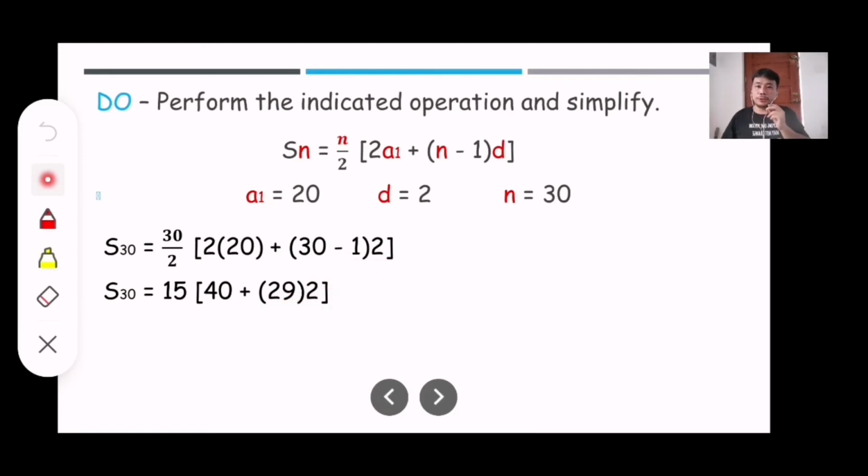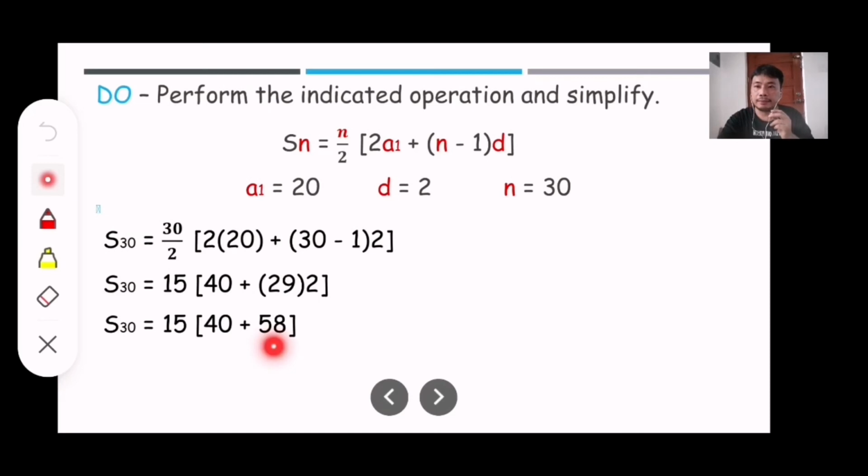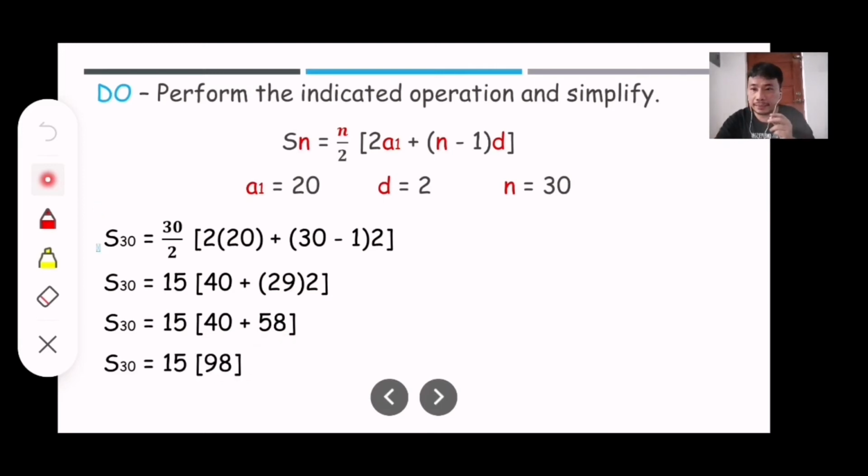Okay, next thing to do is to multiply. 29 times 2, that gives us 58. Bring down 40, baba lang si 15. Next thing to do is to add this 40 and 58, and that is 98. And last thing to do is to multiply that with 15.